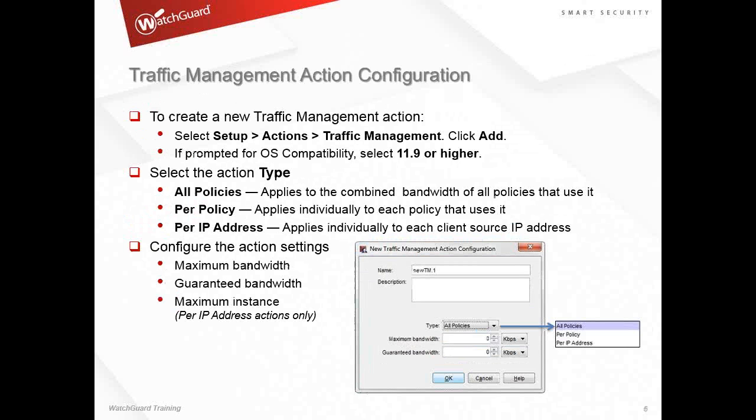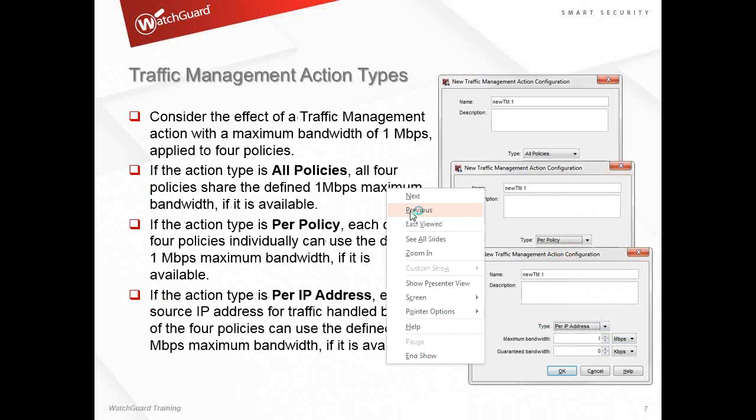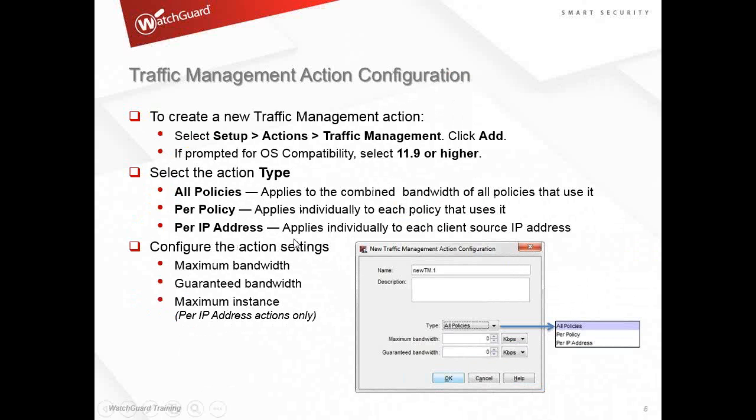So there are three different basic policy types. All policies applies to the combined bandwidth of all policies that use it. Per policy applies to each individually to each policy that uses it, and per IP address each individually to each client source IP.